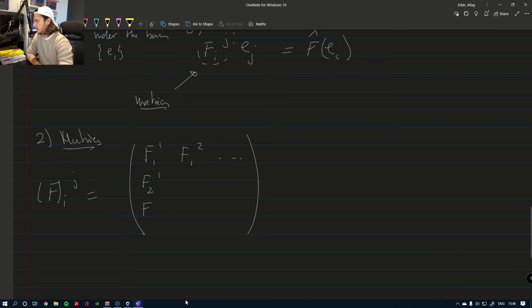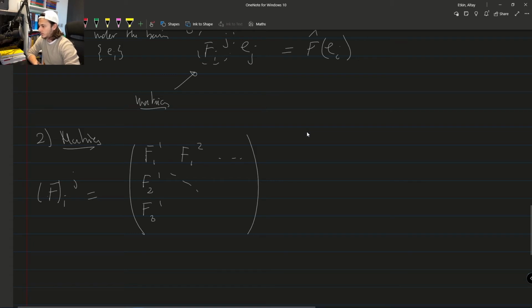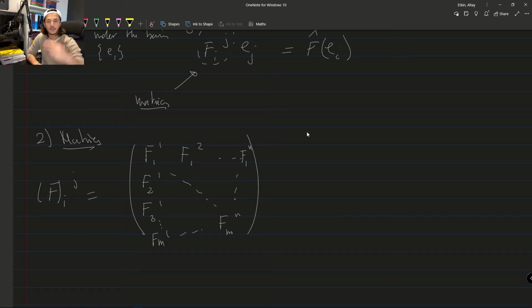And if you go all the way down, you will have fmn. So basically this is going to be an m cross n matrix.